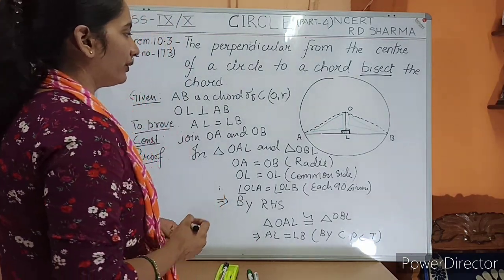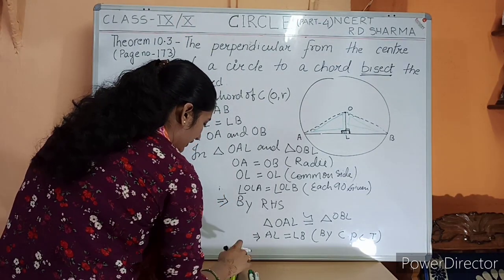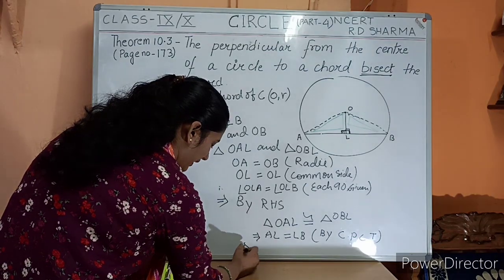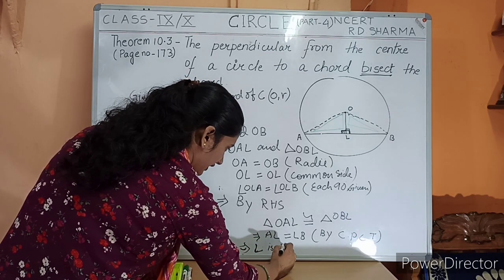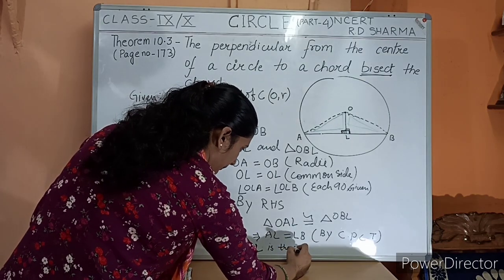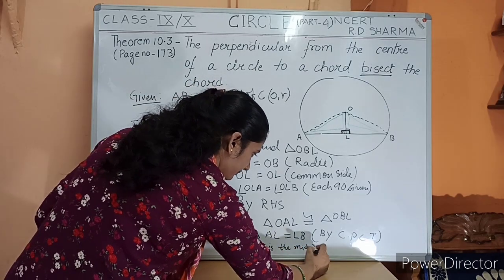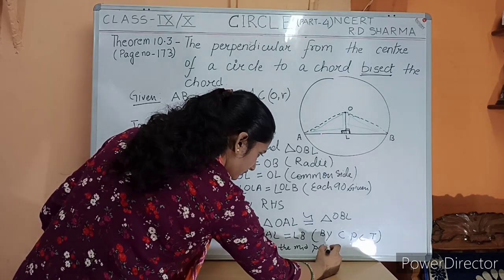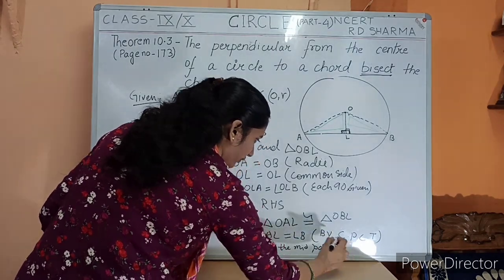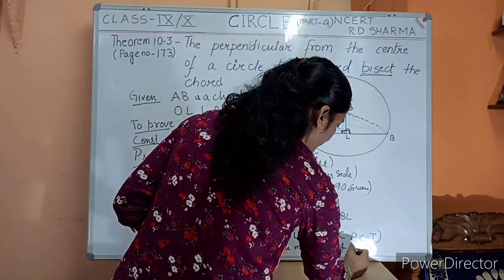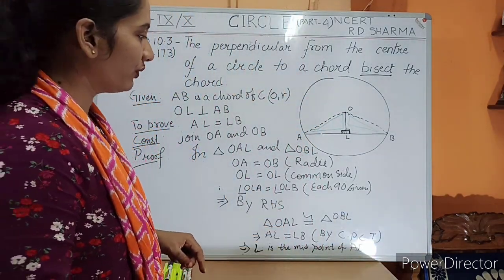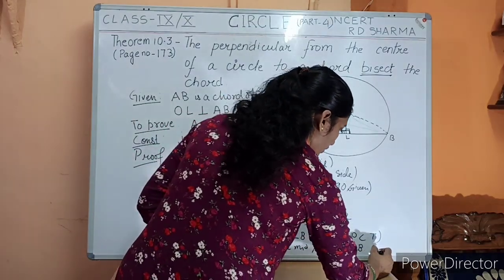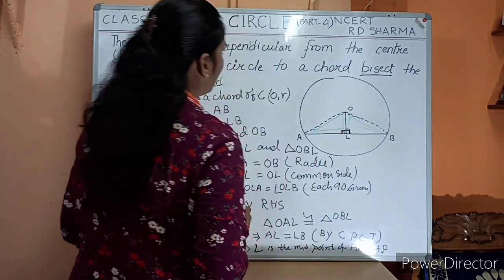So we have proved that this implies that L is the midpoint of AB. That is the only thing we needed to prove and we have done it. So hence proved we will write at the last.